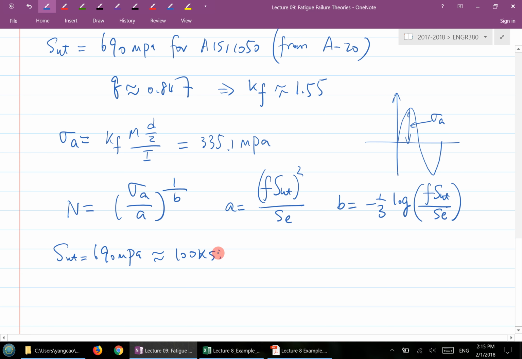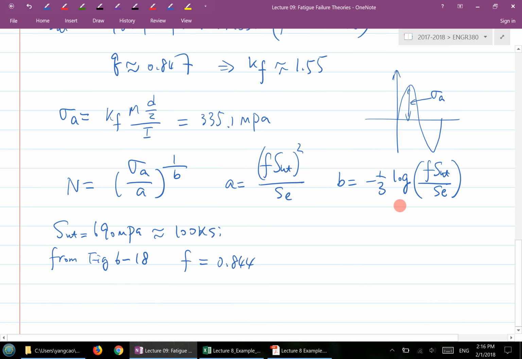You can use one of the figures in the handout I gave you already. The handout has figure 6-18. From this figure, you can find f with 100 ksi, and that f is approximately 0.844. Something like that.